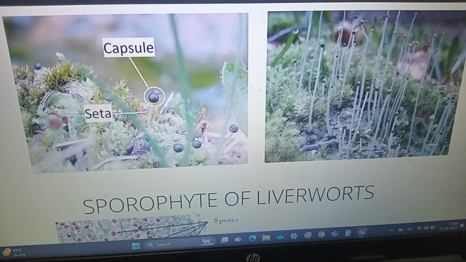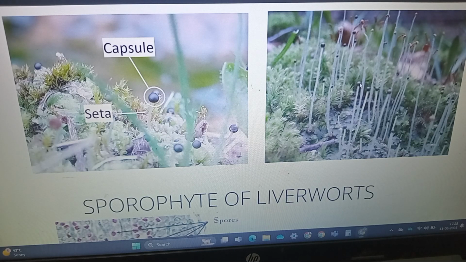This is the sporophyte, which is on the gametophyte. This sporophyte includes the foot, seta and capsule. This is non-photosynthetic and it is dependent upon the gametophyte for its nutrition.